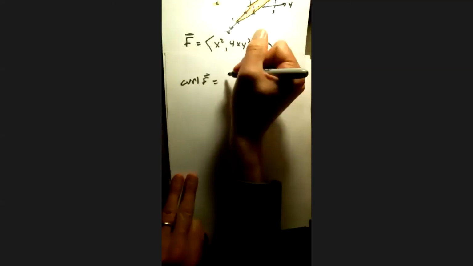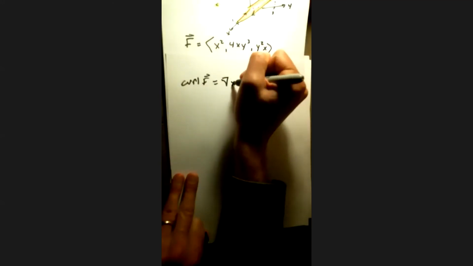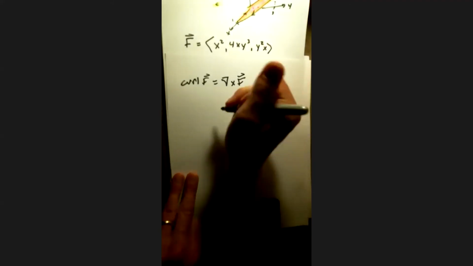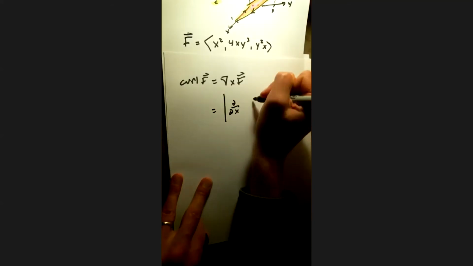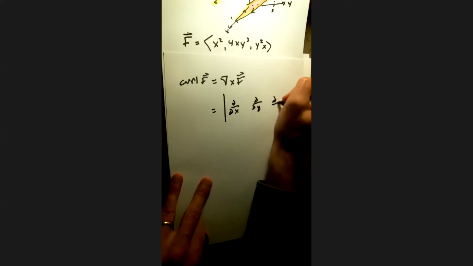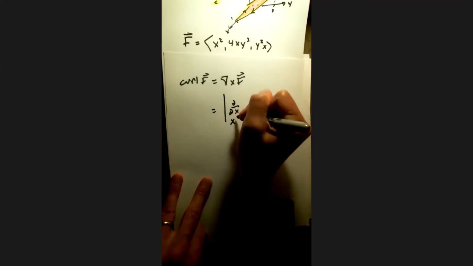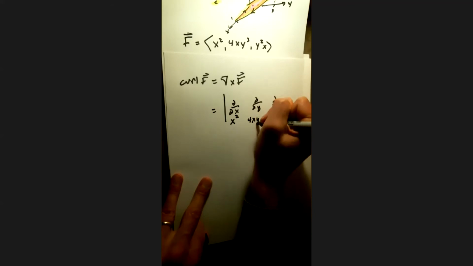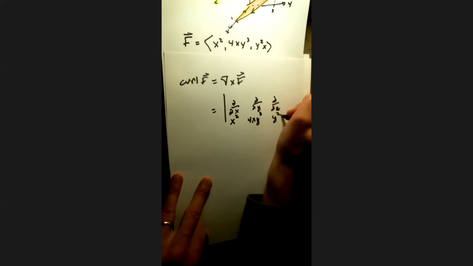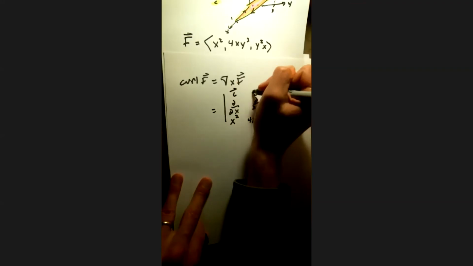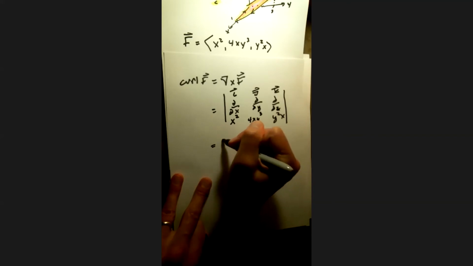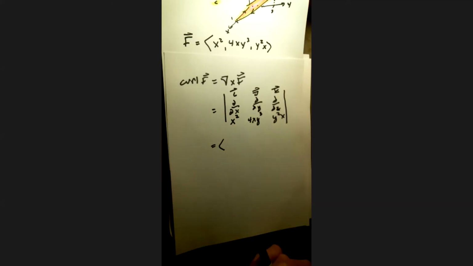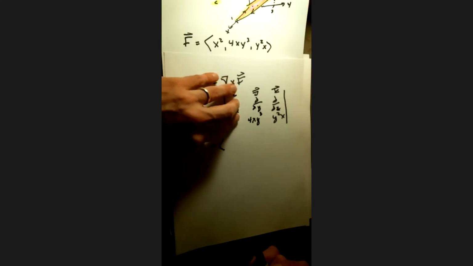So remember, this is the del operator cross F. Or in other words, it's the partial with respect to x, partial with respect to y, partial with respect to z. We're just taking a determinant now.